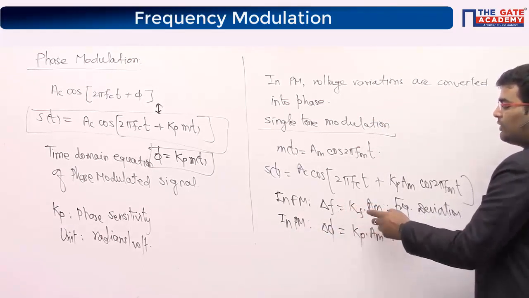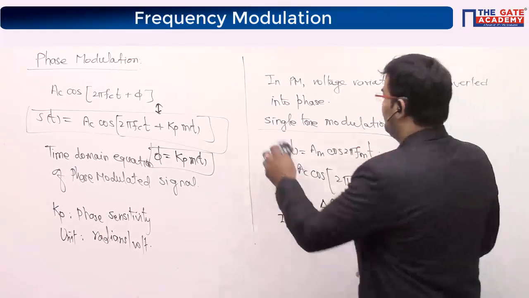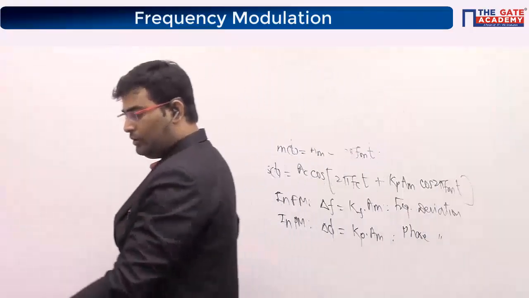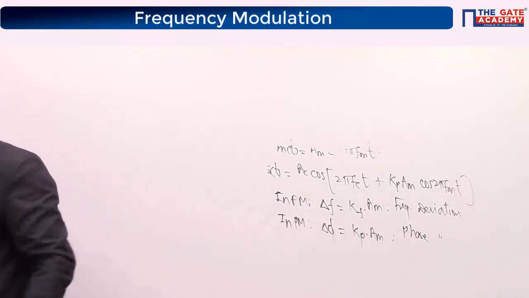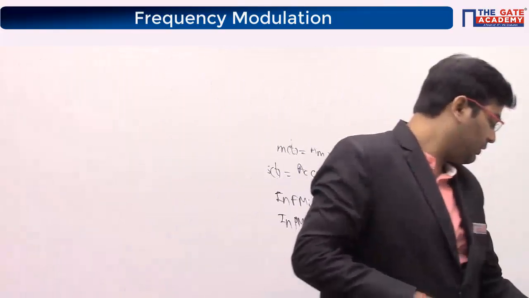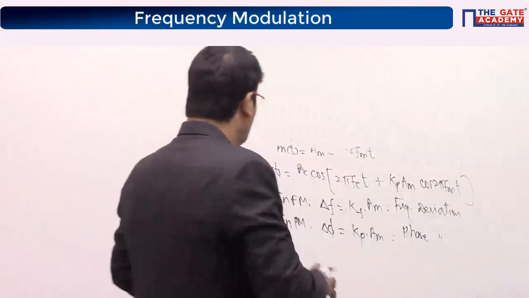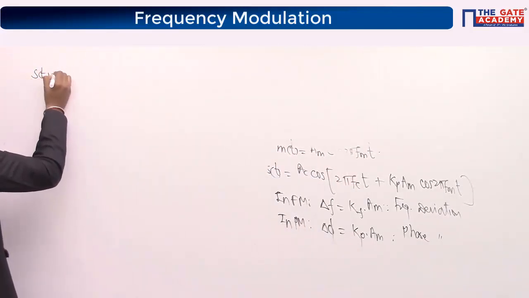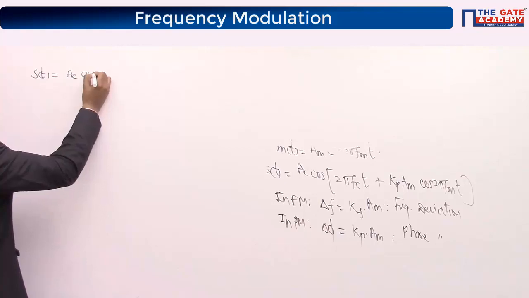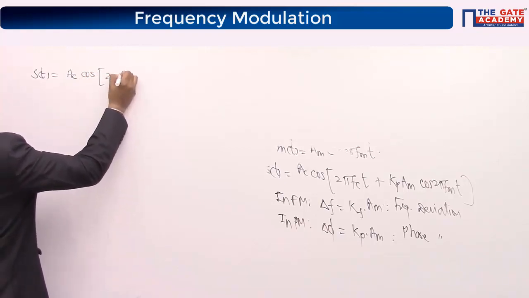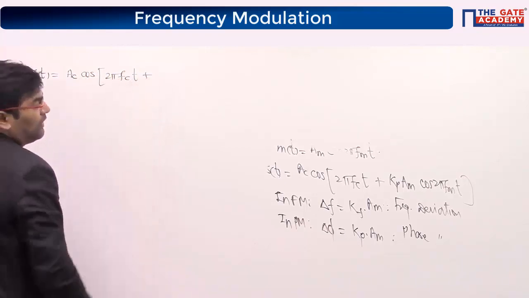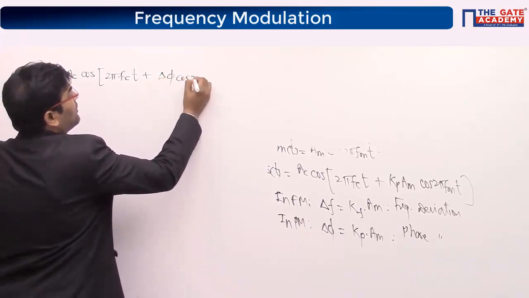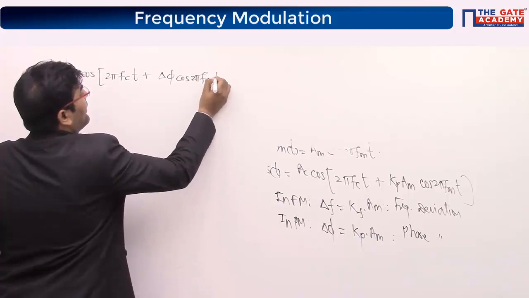Delta f was equal to Kf into Am. So if I rewrite this equation, can I write Ac cos(2π fc t + delta phi cos 2π fm t)?